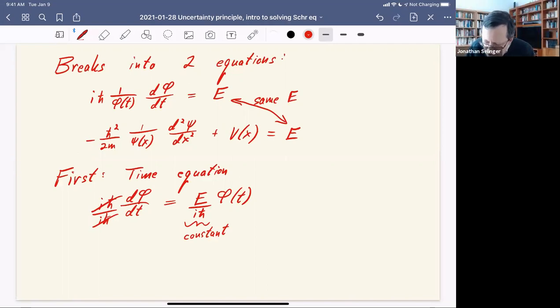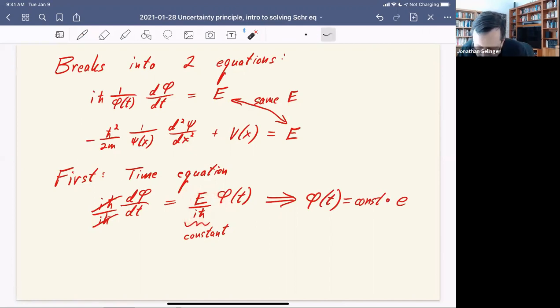So the solution to that has to be that phi of t is some constant times e to the, this coefficient times time, right? And so e to the capital E time over i h bar.